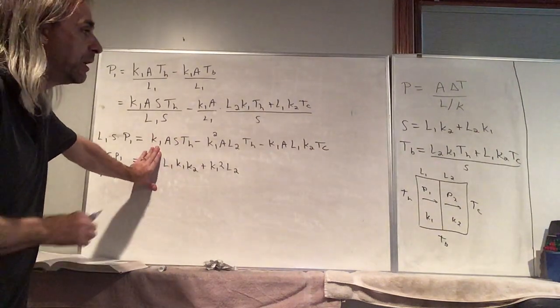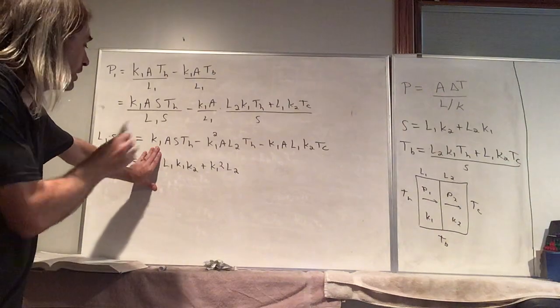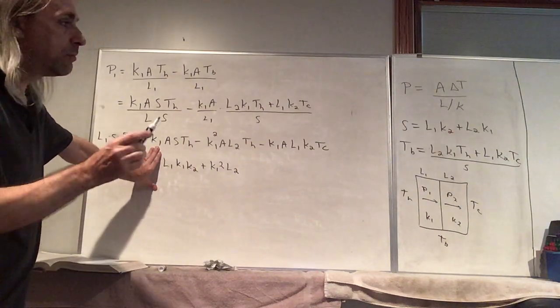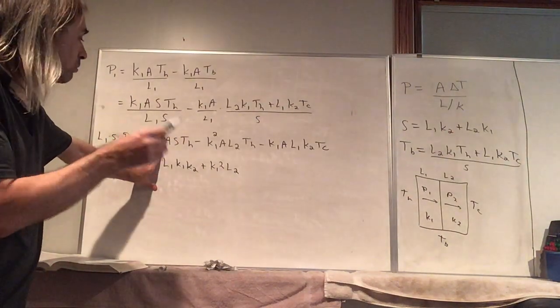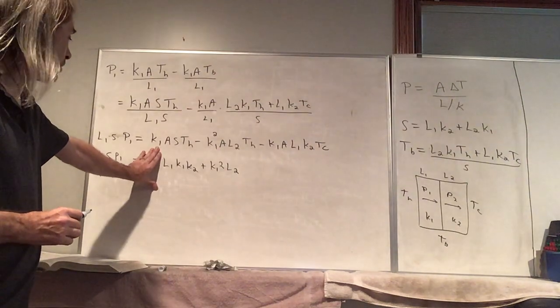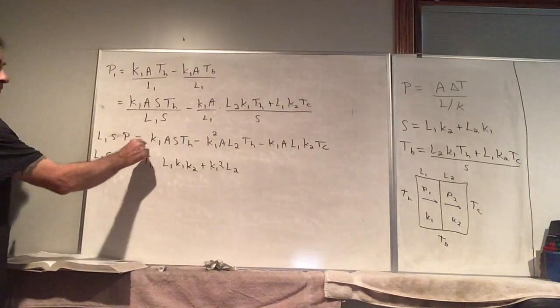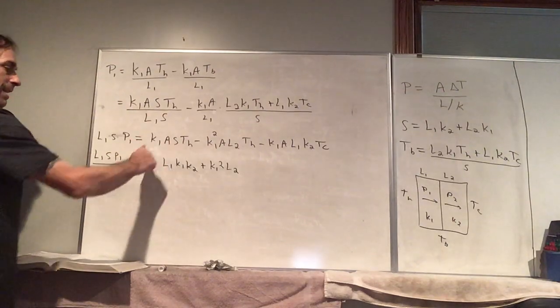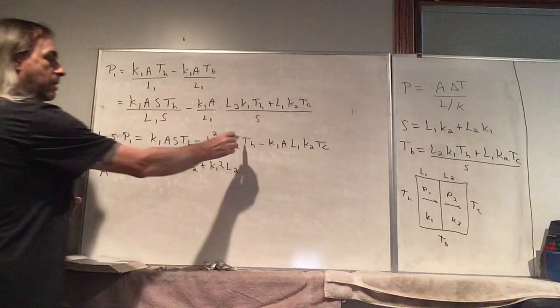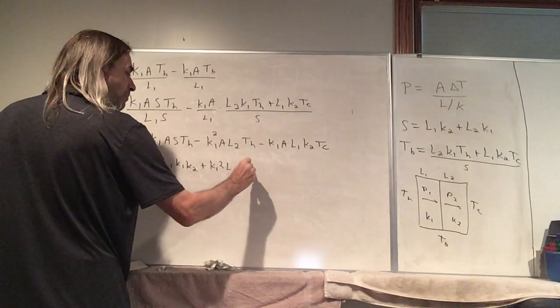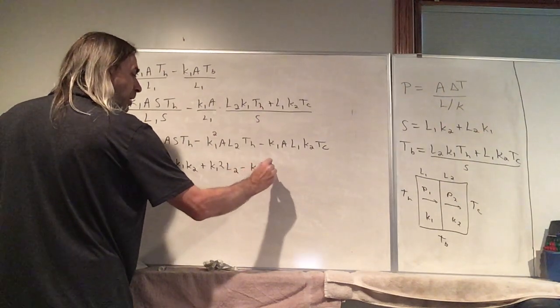So that's gone for a minute. We factored that out. So yeah, L1, K1, K2 plus L2, K1 squared. So the A we divided out. So we have K1 times S times TH. But then we want to subtract this term, which is minus K1 squared L2.